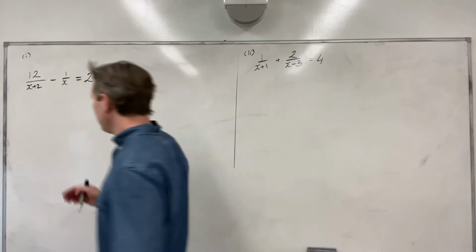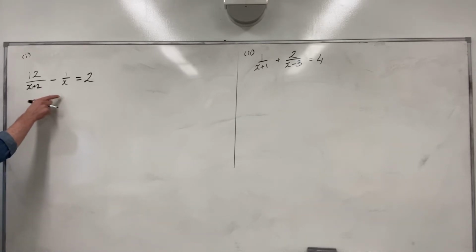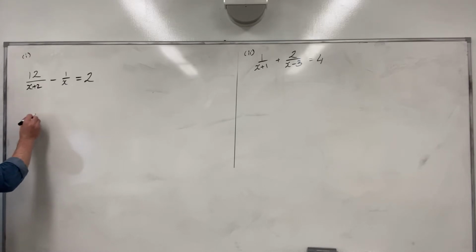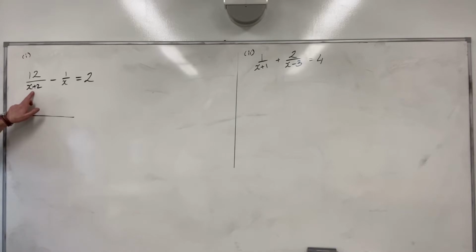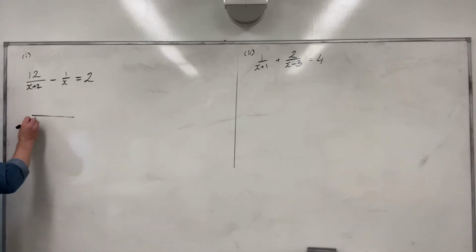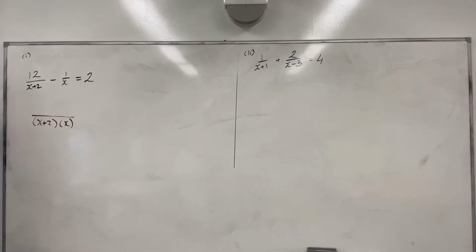Alright, so I see that I have a fraction and a fraction. I'm going to want to bring these together, so I'm going to want to find a common denominator. The common denominator is going to be the product of my two denominators, x plus 2 and x. So that's x plus 2 and x.